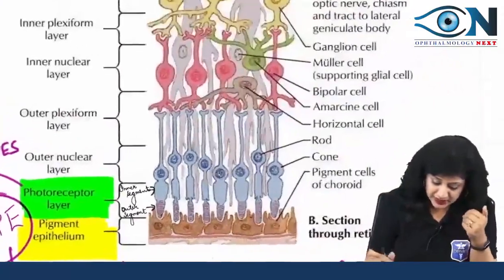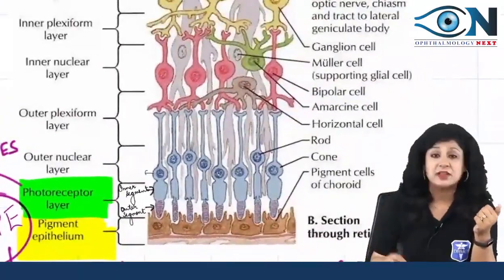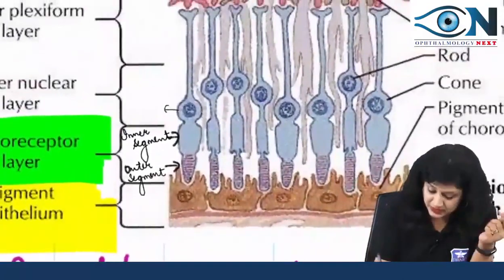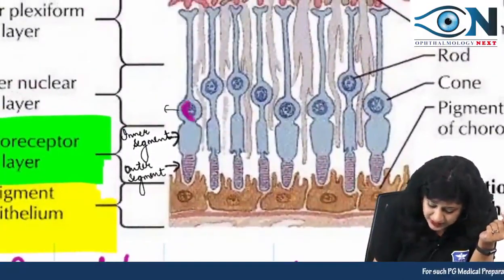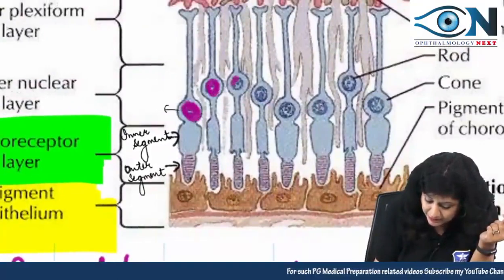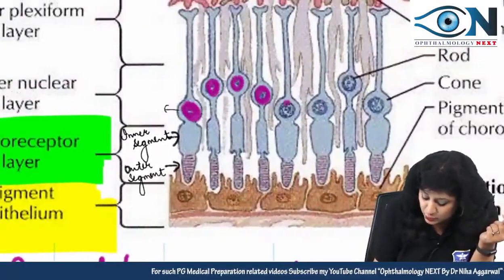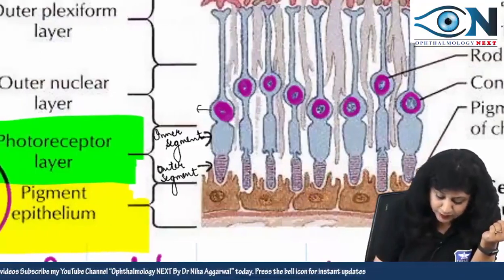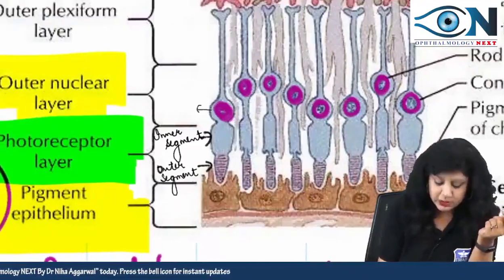Now obviously, the nuclei are present on this outer side. Can you see this layer? These darker colored ones are the nuclei which are present. Because these nuclei are towards the outer side, this will form the layer called the outer nuclear layer.